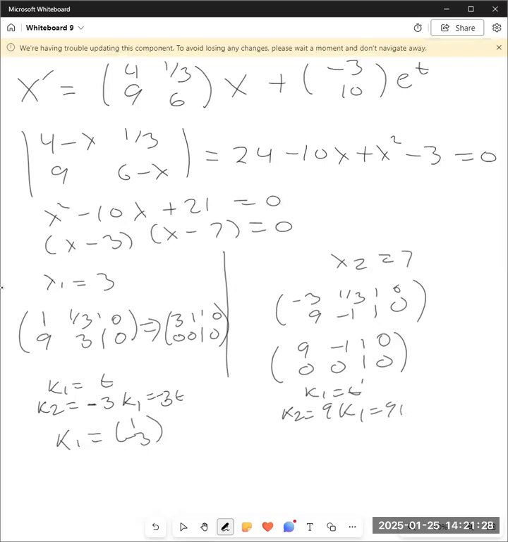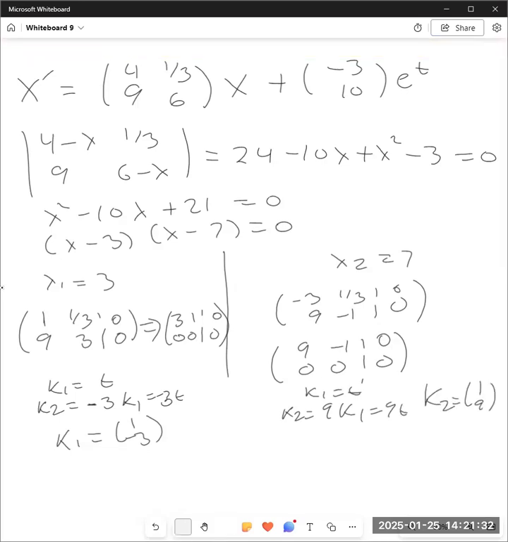This is 9t. So capital K2 is [1; 9]. That gives me an xc of C1 [1; -3] e to the 3t plus C2 [1; 9] e to the 7t.